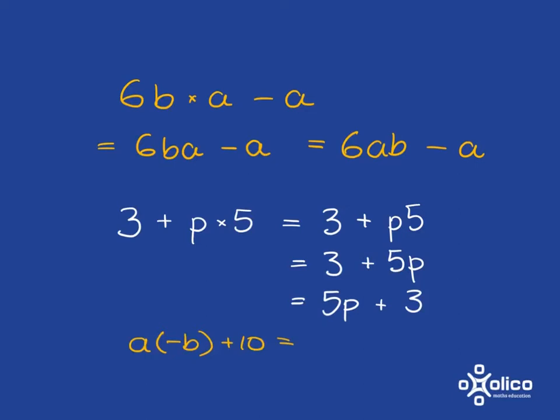If you have something like this, where you've got a with negative b in brackets, what you mean is a multiplied by negative b. And you can actually write that more nicely as you've just got a times b, and it has to be negative. And so it will be nicely written as negative ab plus 10.